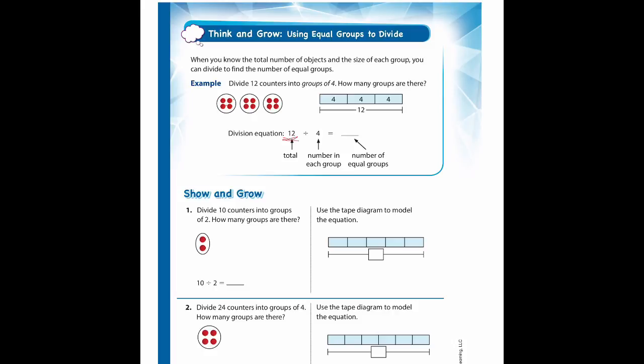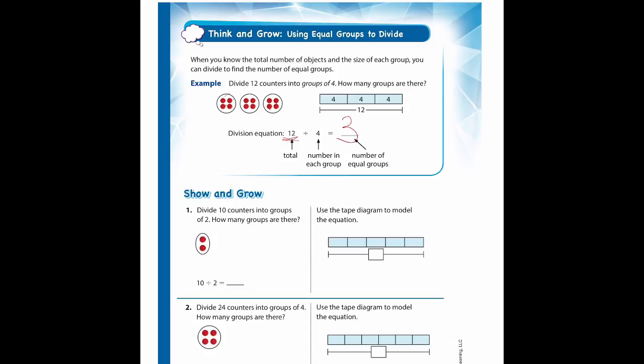This shows us that I do a group of 4, I put a circle around it. Another group of 4, put a circle around it. Another group of 4, put a circle around it. So the number of groups I could make is 3 groups of 4, and that is equal to 12.